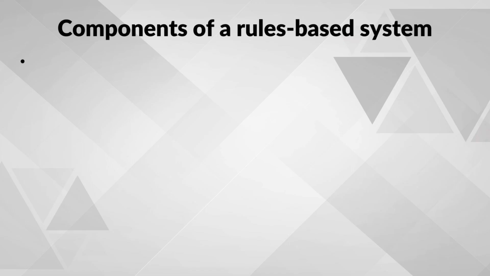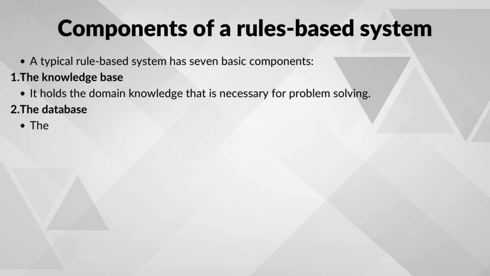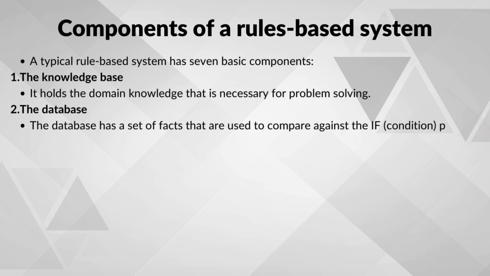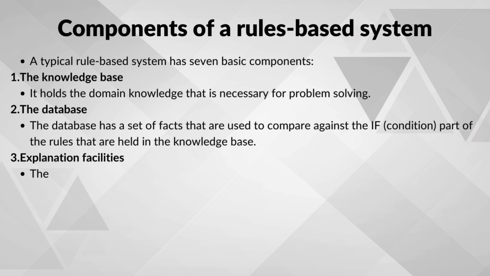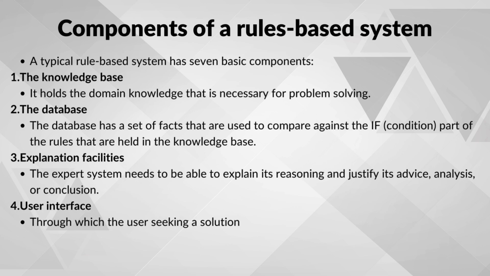It has seven basic components. The knowledge base. The knowledge base is a repository that stores all the rules, facts and domain specific information that the system uses to make decisions. It represents the accumulated knowledge of human experts in the problem domain. The second component of a rule based system is the rule base, also known as database.